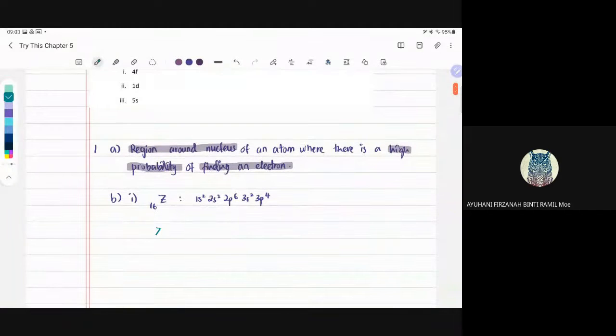So untuk ion, kalau kita tengok, dia mesti capai noble gas arrangement. So maksudnya, dia punya S dengan P kena penuh. Okay. So, to achieve stable ion, add or remove electron so that the highest N has full subshell.